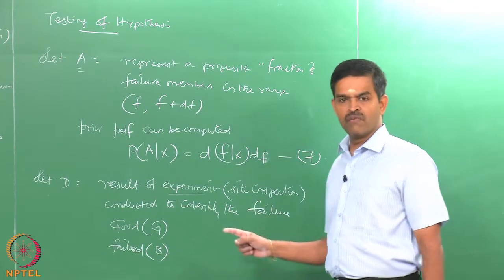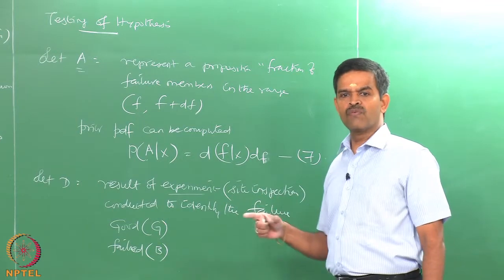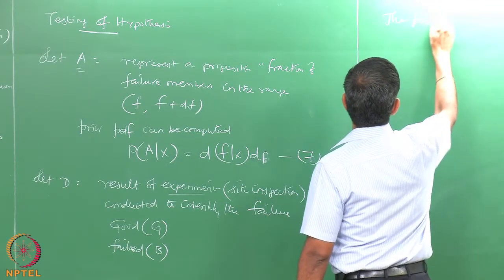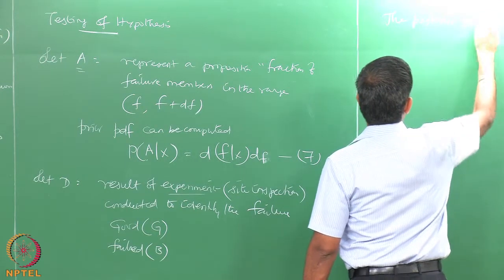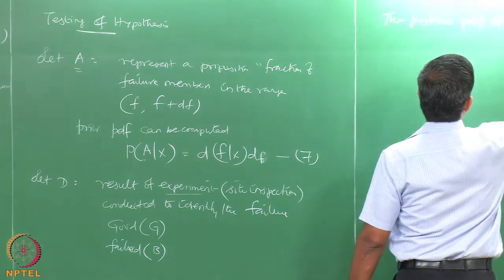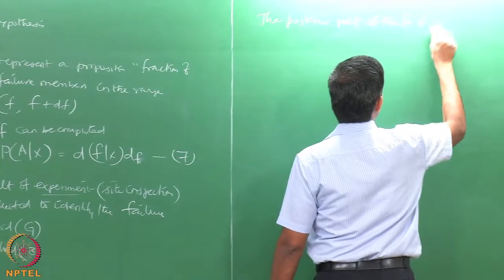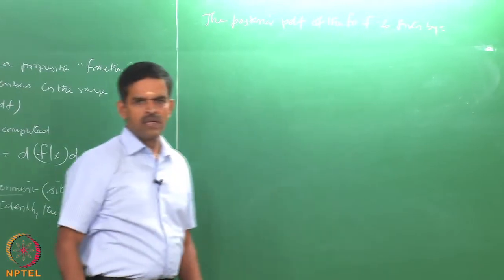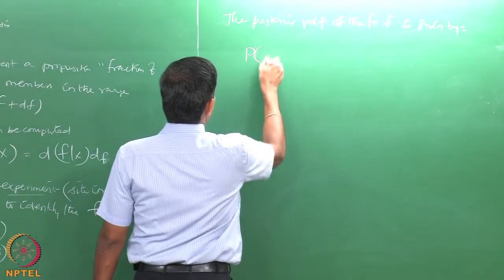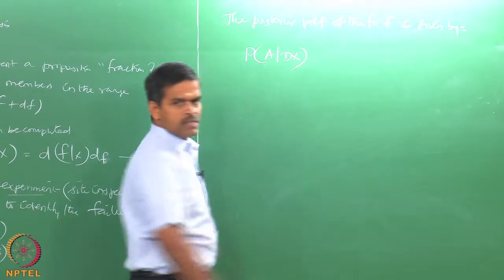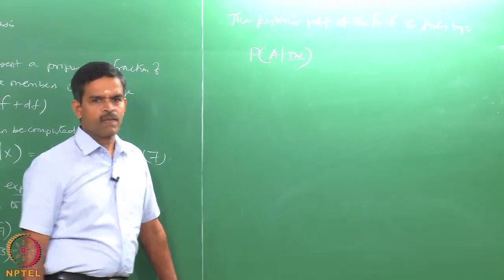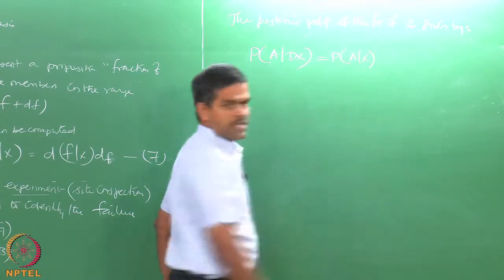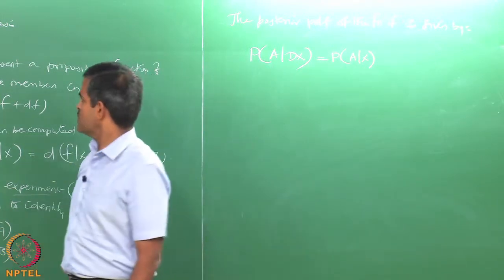Therefore, I am now interested in finding out the posterior PDF of the function f. So, the posterior PDF of the function f is given by P of A dx, which is P of A given x. We already have this information with us.